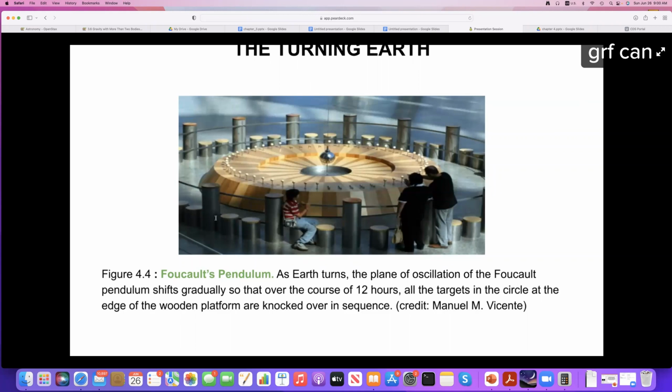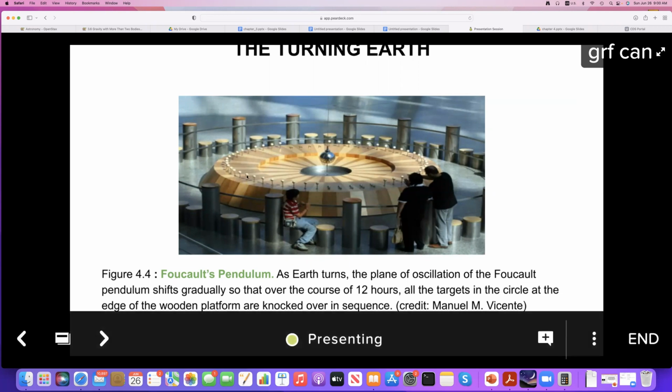Initially, we didn't know about that, and then they had this pendulum, and you can see there are targets located around it. When you start swinging the pendulum, every hour, if the Earth rotates, this plate will rotate.